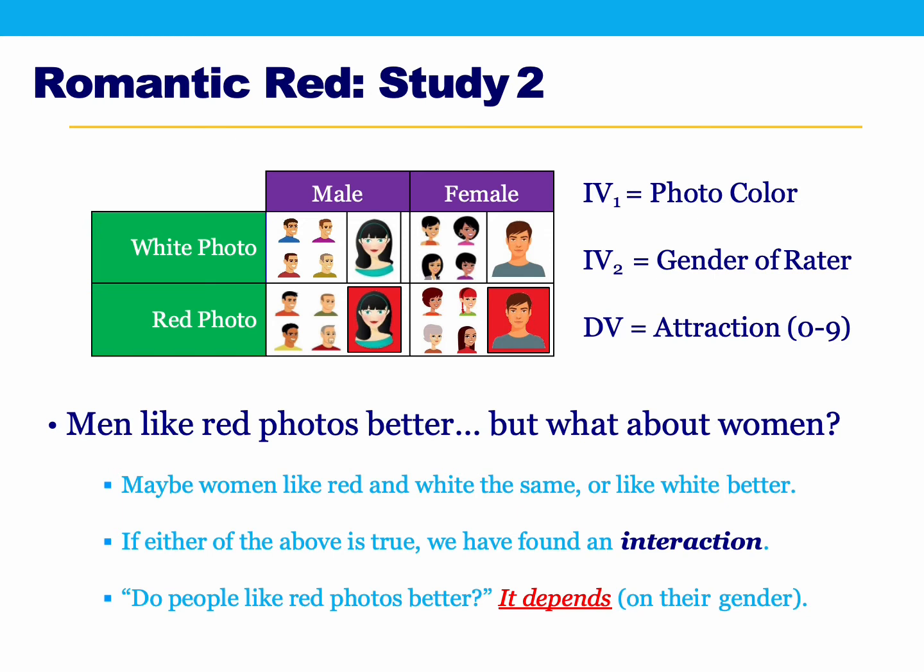And now we get to that third one, where we test to see if the effect of photo color depends on the sex of the rater. So it's possible, we know that men rate the red photo as more attractive. That's what we learned from the previous experiment, that attractiveness ratings, when it's just men rating the women, are higher in the red photo condition than the white photo condition.